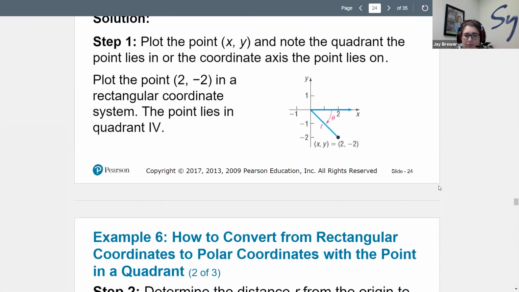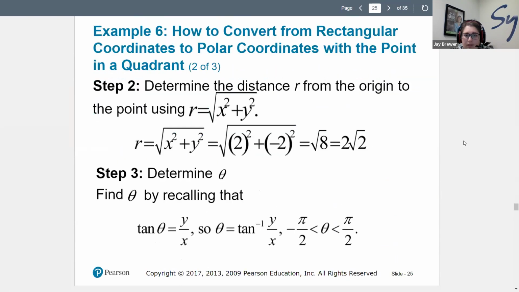All right. So those of you that did it by hand, let's see if you got it right. So r is going to be the square root of 8 or 2 square root of 2. And then if we use the tangent of theta, that would just be the inverse tangent of -1.